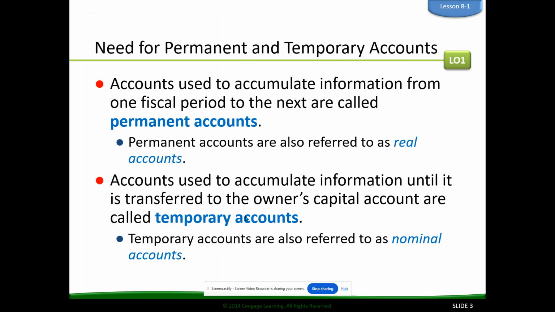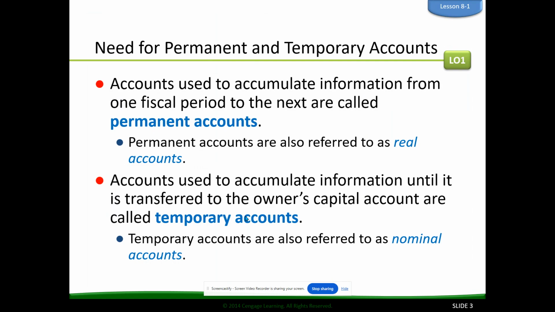Now, our temporary accounts, those are the ones that we need to keep track of period to period. For example, sales, and this is a great example. We keep track of sales for one period at a time.